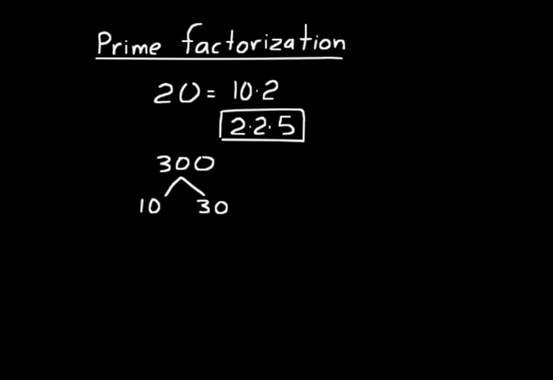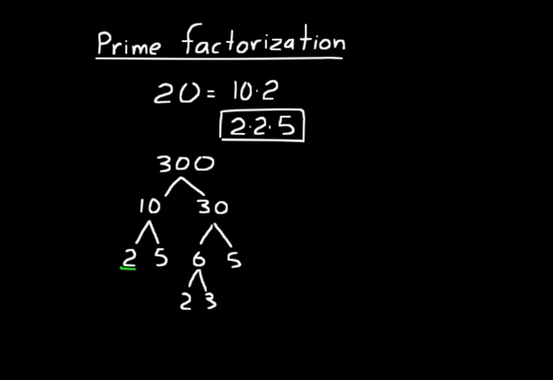So 10, we can break that into 2 times 5. 30, we can break that into 6 and 5. And then the 6, we can break that into 2 and 3. Now, wherever we end on this tree, those are the prime factors that we multiply together.